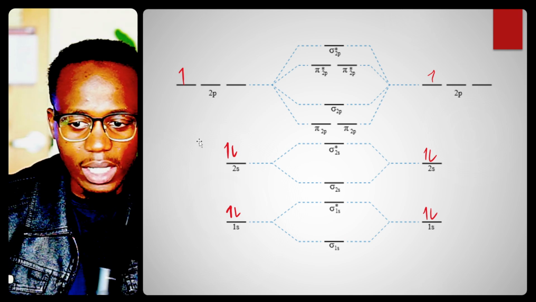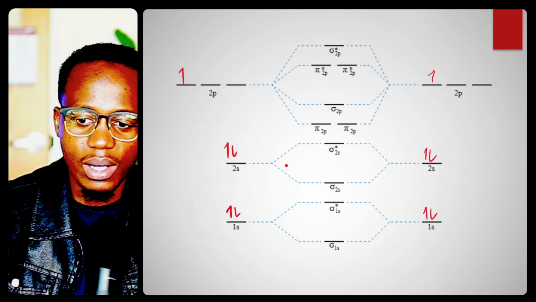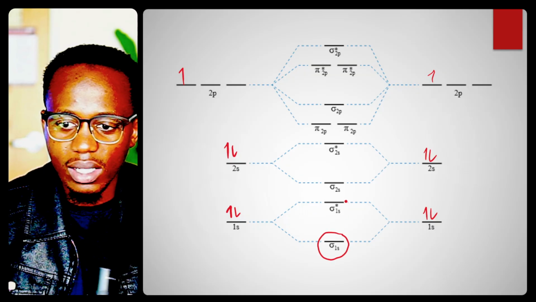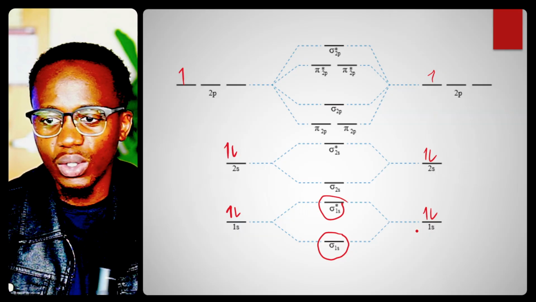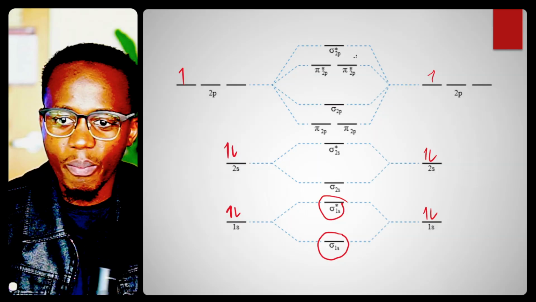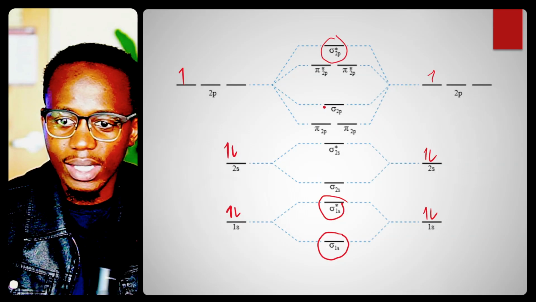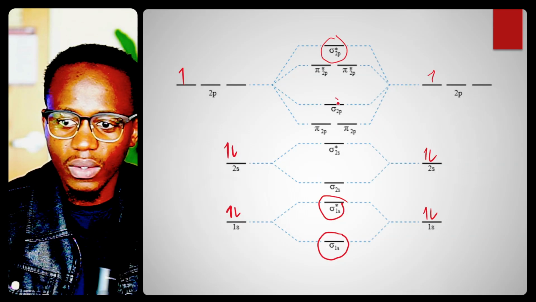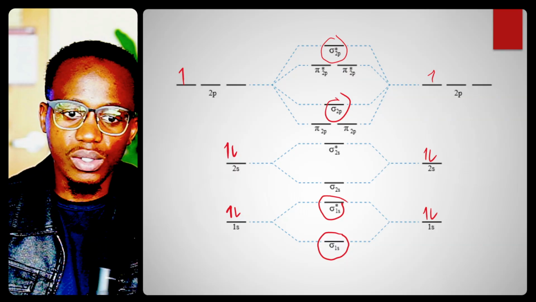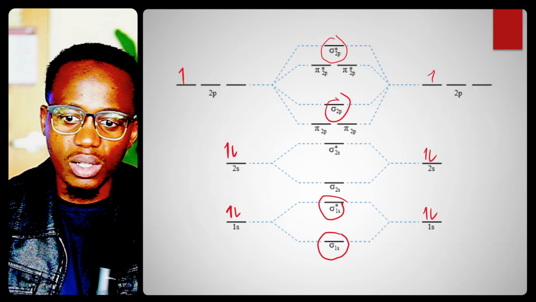They combine based on energy levels, and whenever they combine, you're going to fill out this one first and then this one, right? And then you go to P, right? P also combines by sigma first, right? And then pi later. So this is the order. So you can look at it this way.